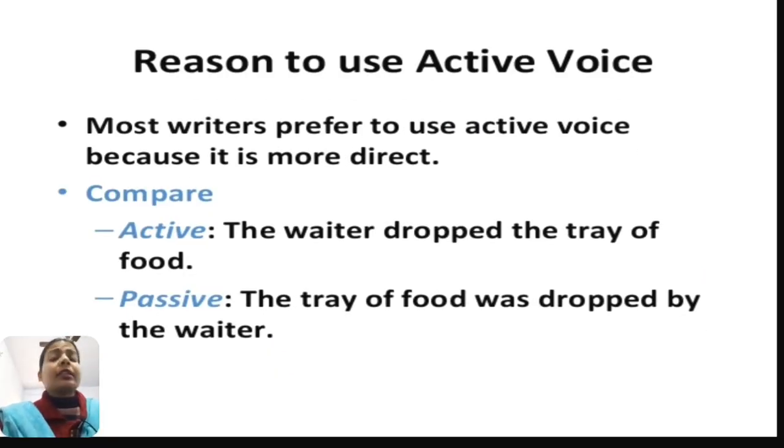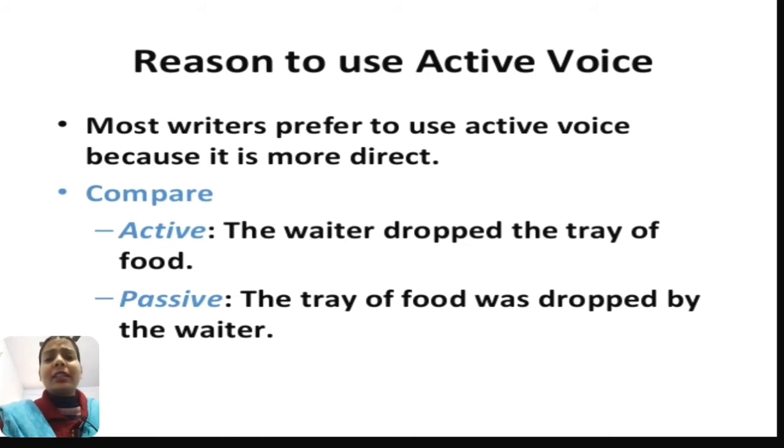Now, let's understand the reason to use active voice. Most writers prefer to use active voice because it is more direct. Compare these. The waiter dropped the tray of food. This sentence is in active voice. But if you convert the sentence into passive voice, you would say the tray of food was dropped by the waiter.